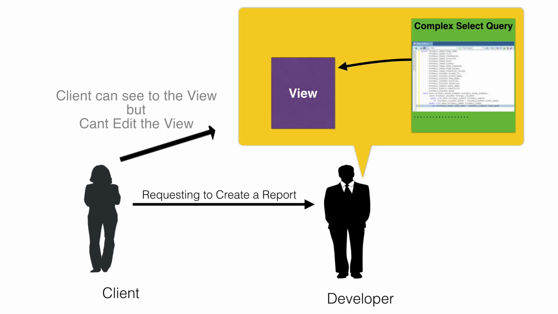So the client has permission to execute the view and see their details only. So this is the main use of the view.